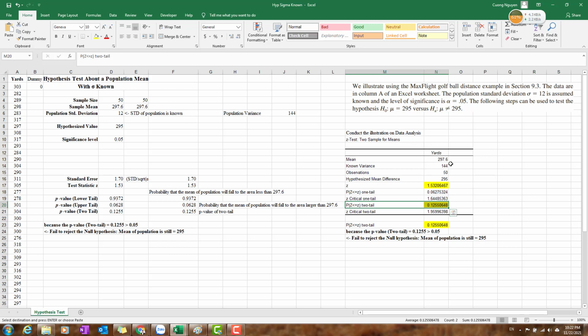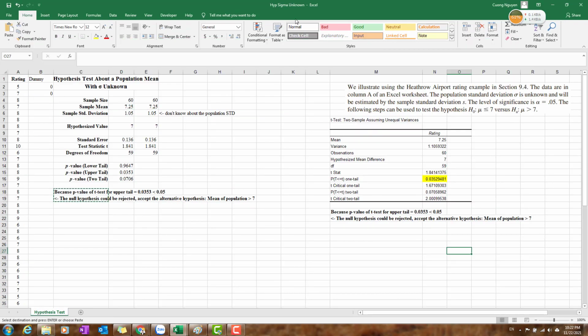Of course, when the data is available, it is better to use the data analysis tool and run it automatically. The same applies when sigma is unknown; you can do it both ways. But I recommend that when we have the data available like this, we run everything one more time in the data analysis tool. And this will be the end of the instruction video.